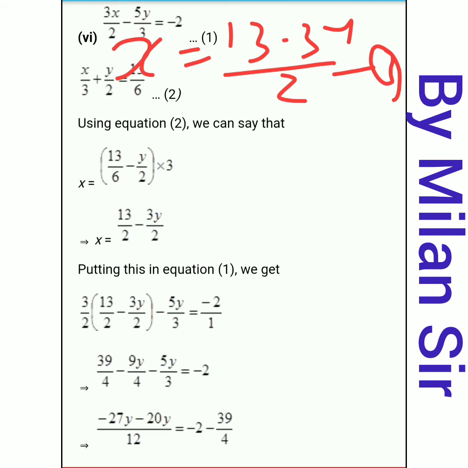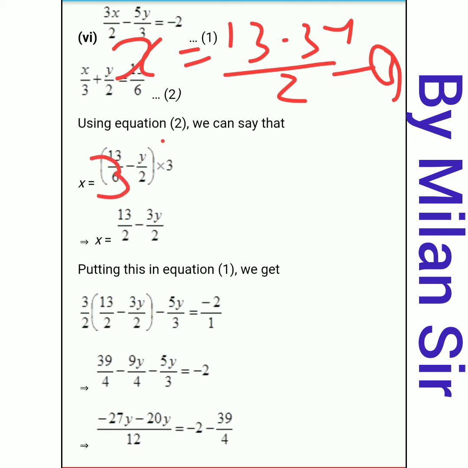Now put this value in equation number 1 because we are getting value of x from equation number 2. So we need to put this value in equation number 1. So equation number 1 is 3x by 2, right? So 3.